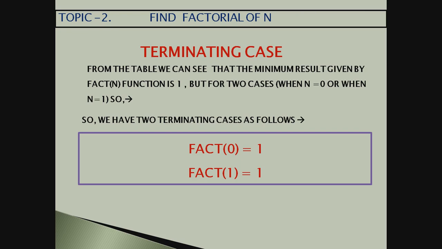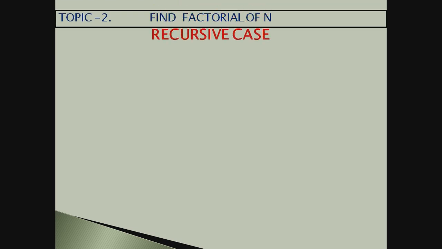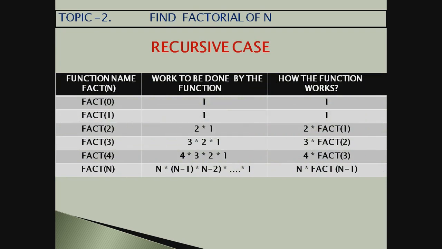Now let us go and find the recursive case. We will see a table and understand from it. See, this is the table. Now you see, in this table there are 3 columns. The second column shows how the human brain is going to answer when he or she is asked to give the value of the factorial.